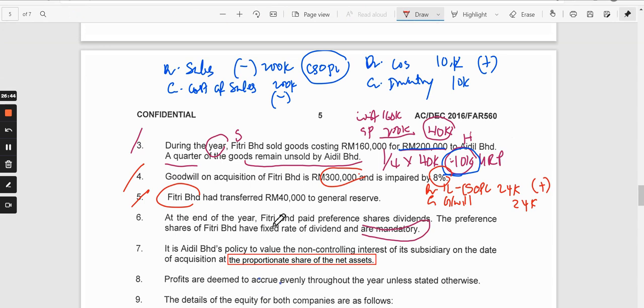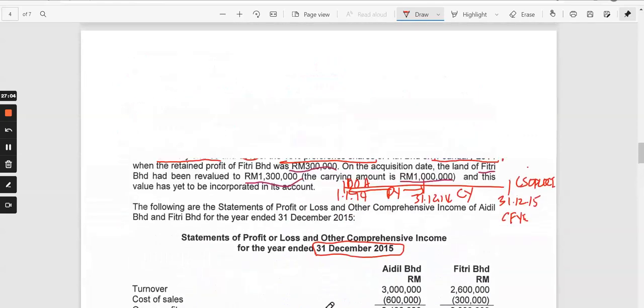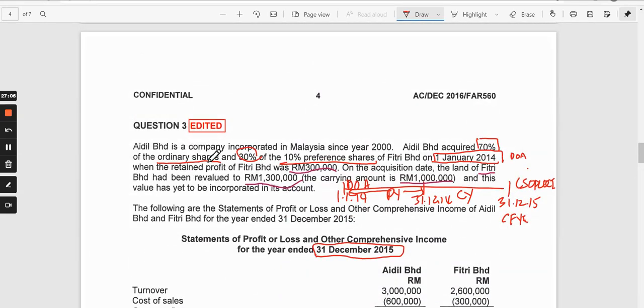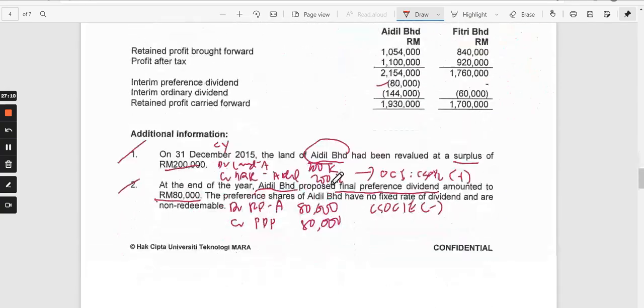Okay, so that will be done in the statement of changes in equity, in the retained profit of the parent, where the parent company will incorporate its share based on the percentage acquired. The percentage acquired was 70% in the ordinary shares.